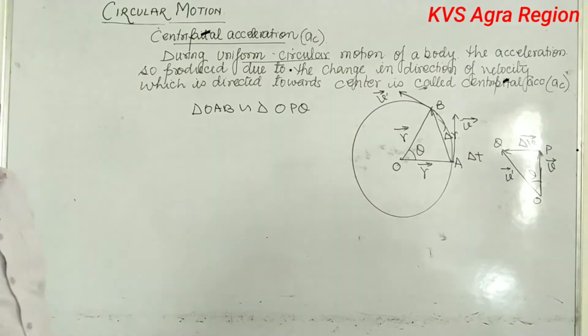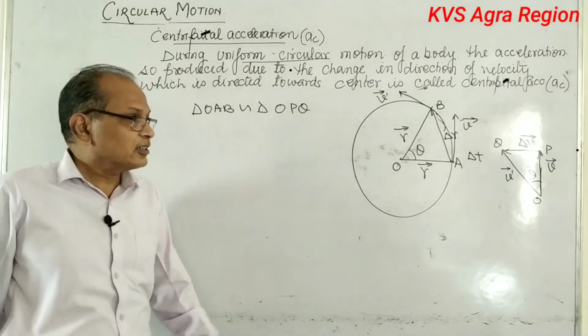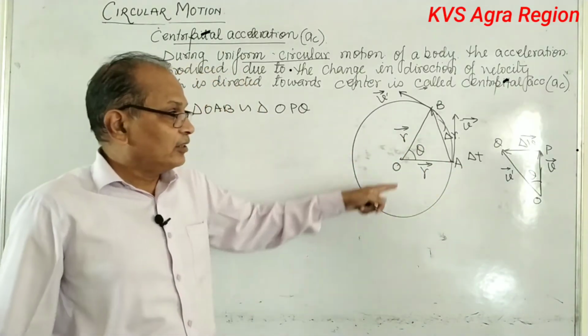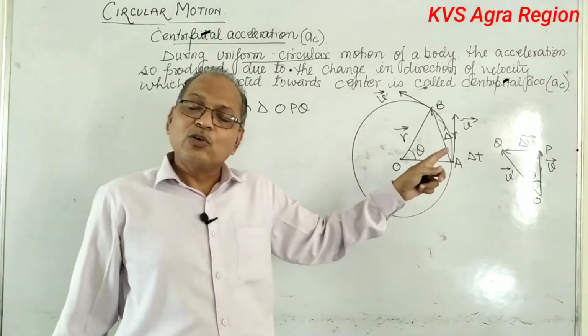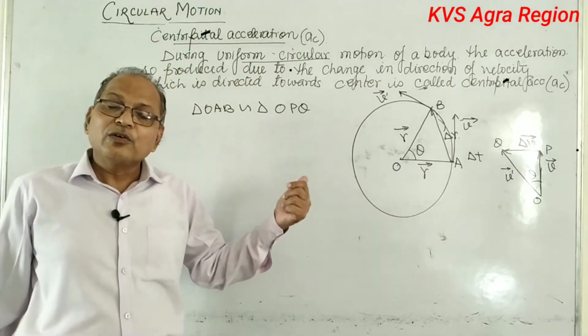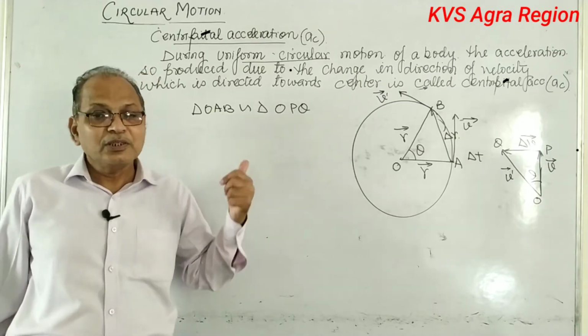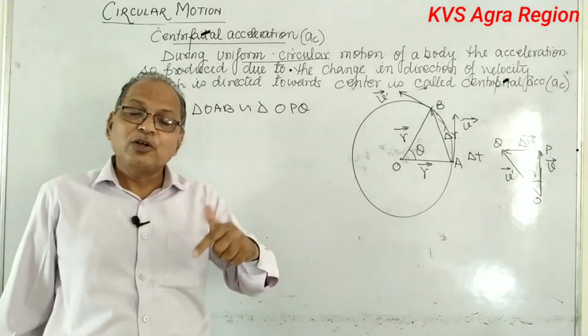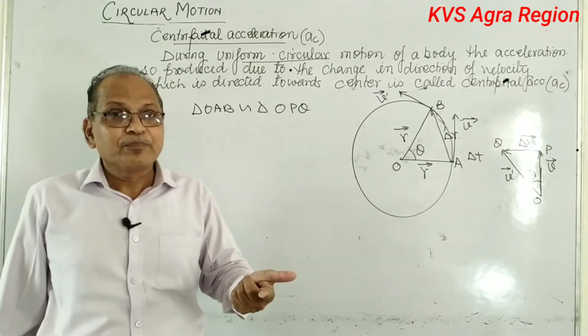These two triangles are similar. Why are these two triangles similar? Because these two triangles are isosceles triangles and the vertex angles are equal. It means by the property of similarity, these two triangles will be similar, and if the triangles are similar, the ratio of the sides will also be equal.